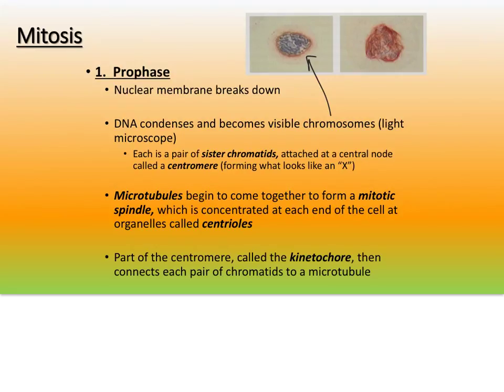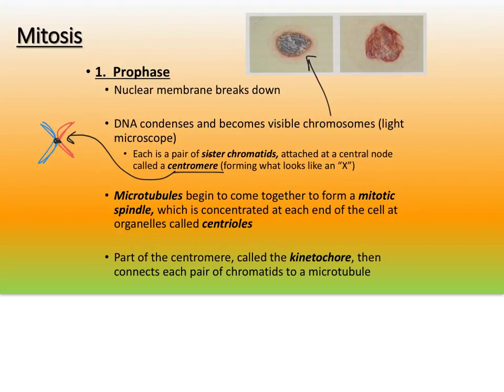Now, each chromosome is actually a pair of sister chromatids put together to form an X-like structure and held together at a central node called the centromere. So the centromere is my little circle here.